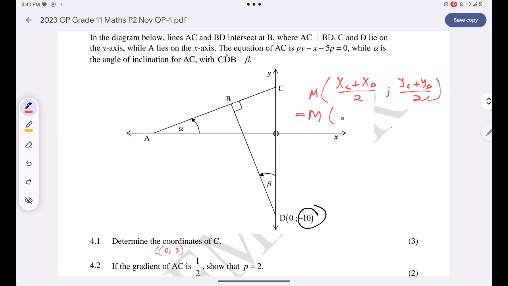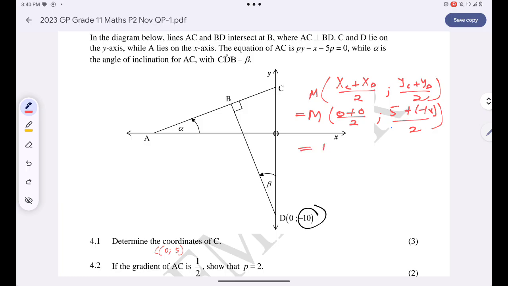My midpoint, the X value at C is 0, the X value at D is also 0, and the Y value at C I got to be positive 5 from here, and the Y value at D is negative 10, all over 2. Né?